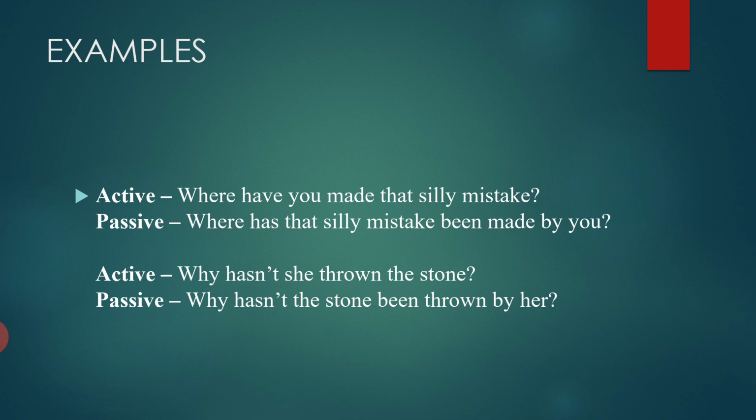Where has that silly mistake been made by you? You have to use been in perfect tense. Why hasn't she thrown the stone? Why hasn't the stone been thrown by her?